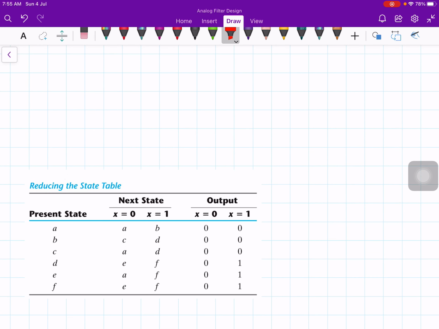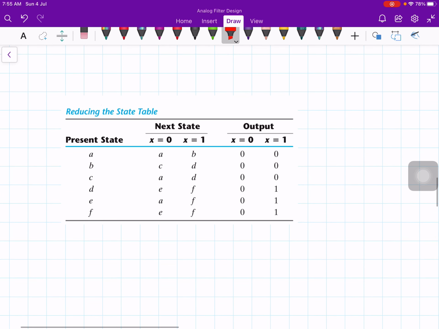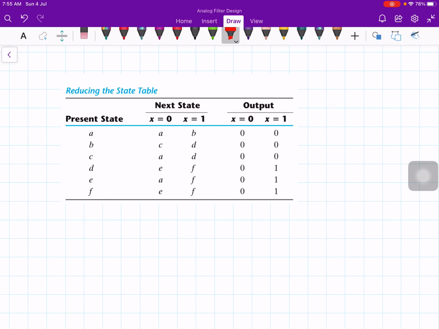See, G is removed in this table. The row with the present state G is removed. That means state G is replaced by state E. So whenever G occurs, that G will be replaced by E, because both of them give identical input output and next state behaviors.